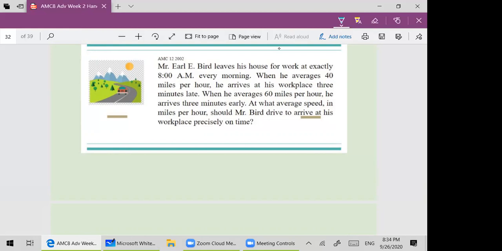Okay, so let T be the amount of time in hours that Early Bird has to travel to be on time. Now, let the distance be D miles.